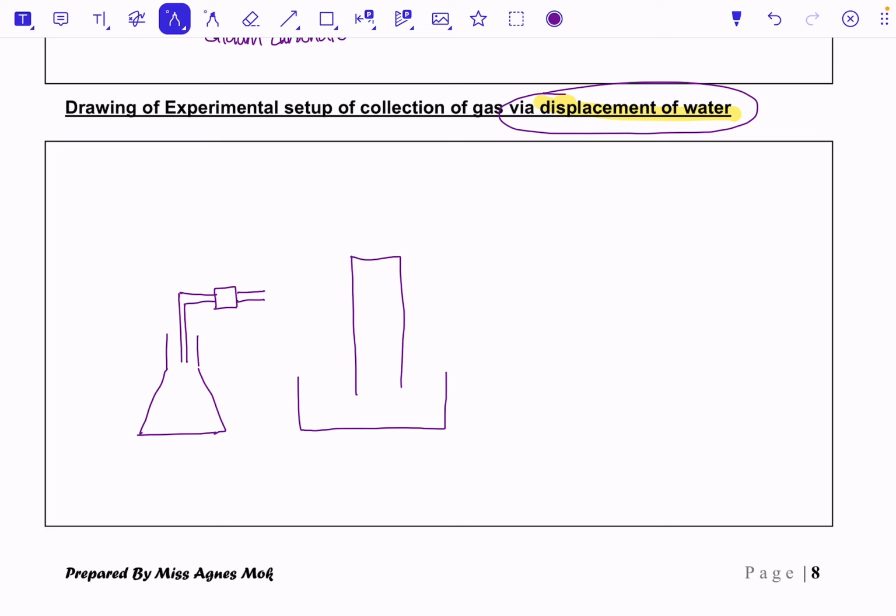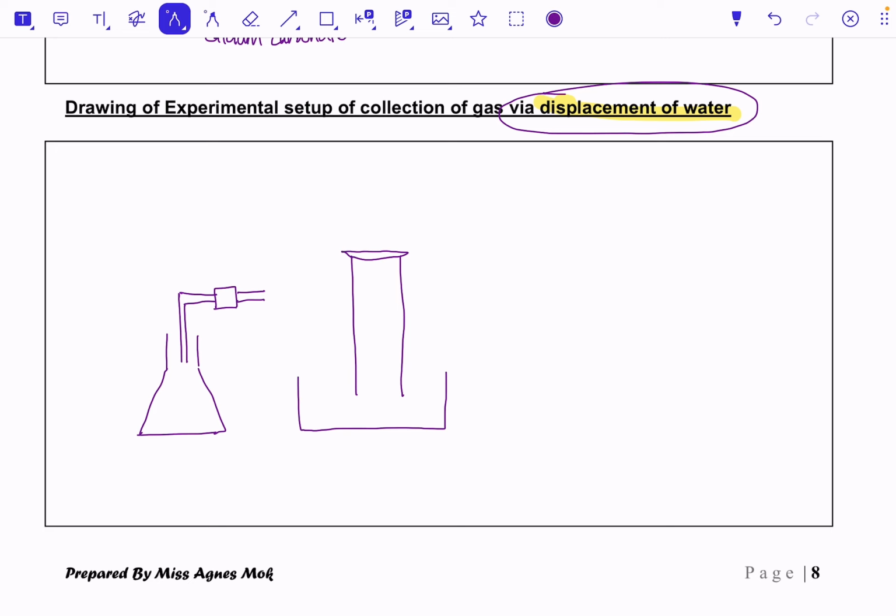This container can be called a gas jar, or you can simply use, which I'm going to draw now, an inverted measuring cylinder. If you use a gas jar with no markings, you can only collect the gas. You cannot measure the volume of the gas. But if you use a measuring cylinder, you can actually read off the volume of gas collected.